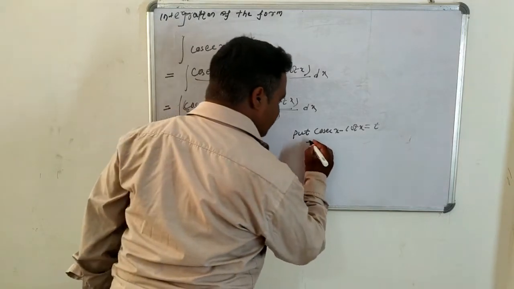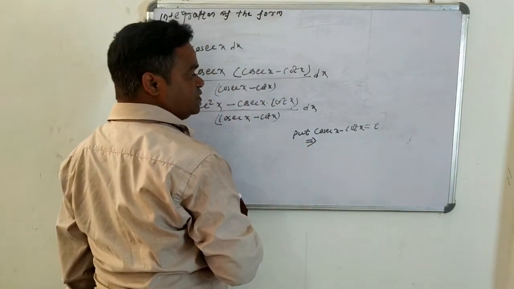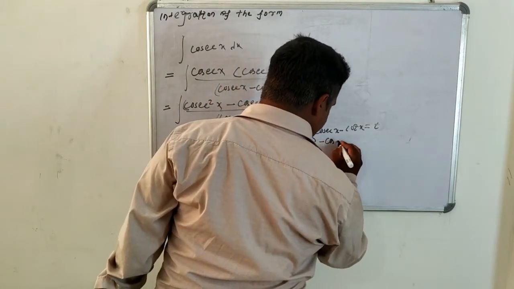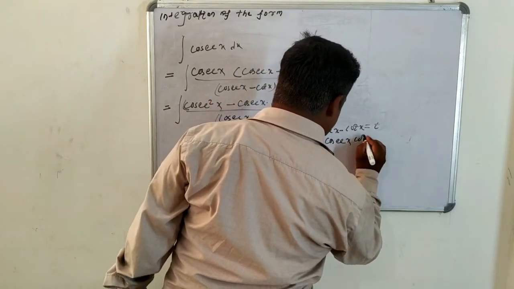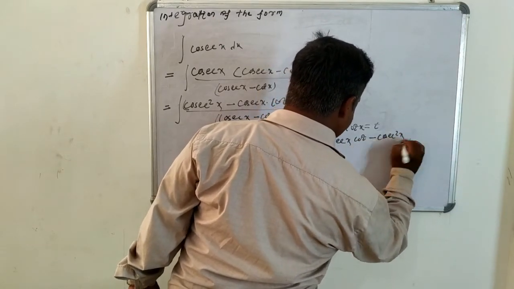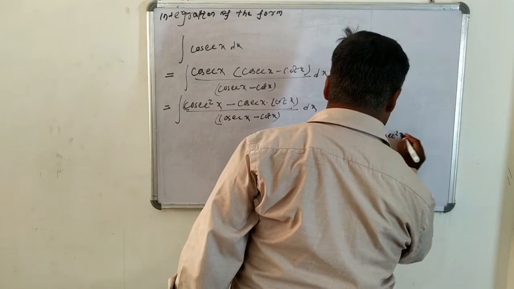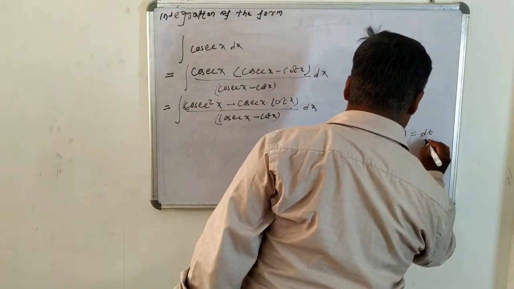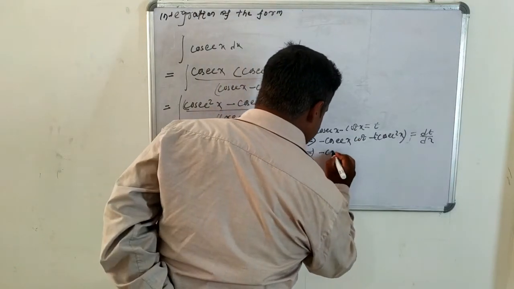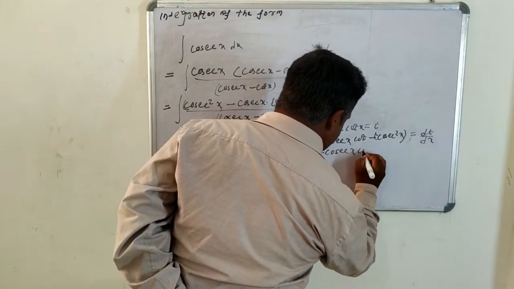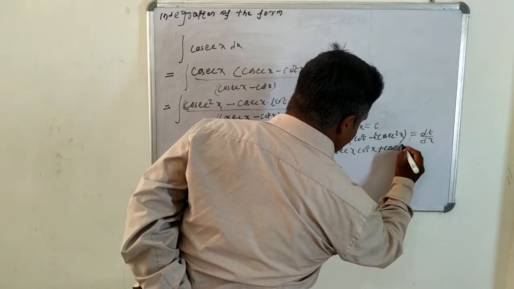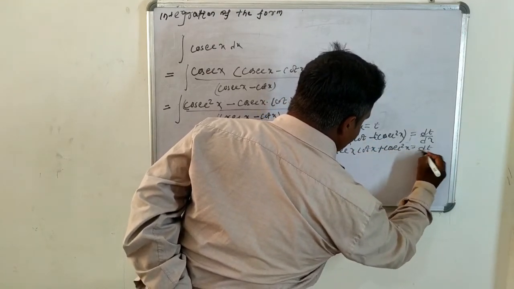Now this implies, taking d by dx of both sides, the derivative of cosec x is minus cosec x cot x, and minus the derivative of cot x gives plus cosec square x, equals dt by dx.